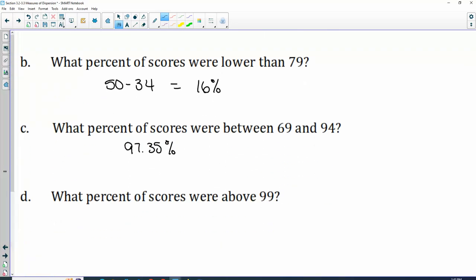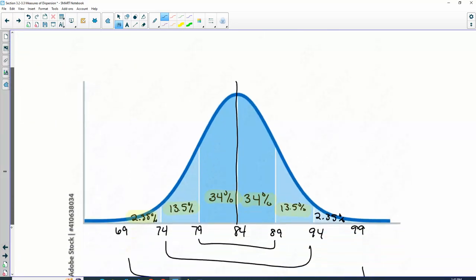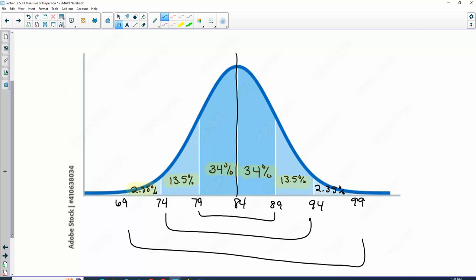Above 99. So this is kind of your question as well. Above 99 is higher than my third standard deviation, right? We know that 99.7% falls within 3 standard deviations. So if you do 100 minus the 99.7, we only have 0.3% to split between the 2 ends.